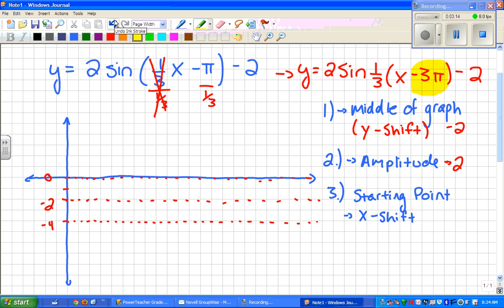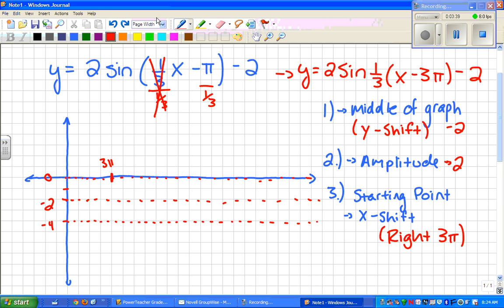Okay, and remember, x is our opposite. So if you see -3 pi, that means we're going which direction 3 pi? We got it, we're going to go right 3 pi. So, let's say right here, we're going to call this 3 pi. Alright, now I need a total of 9 spots.